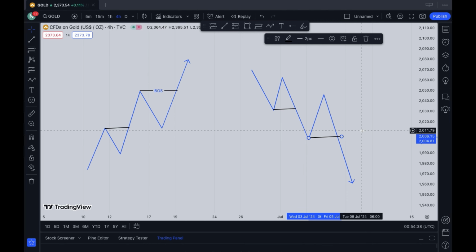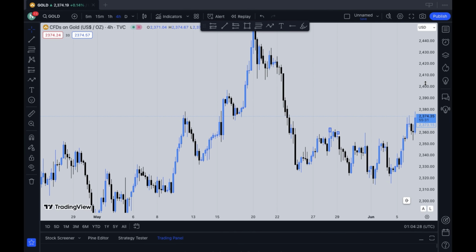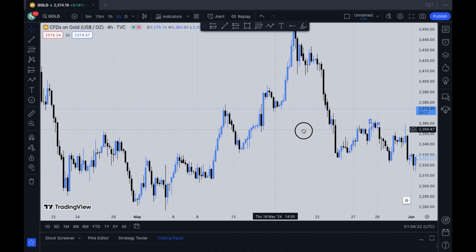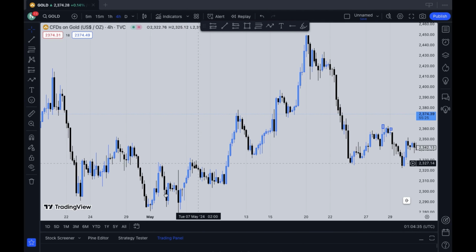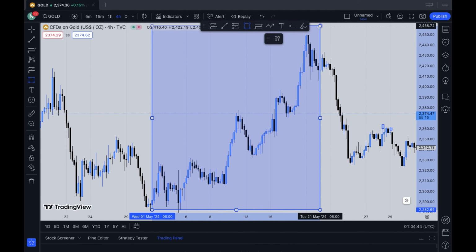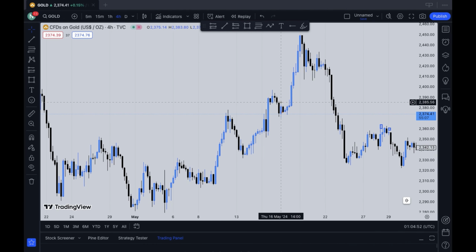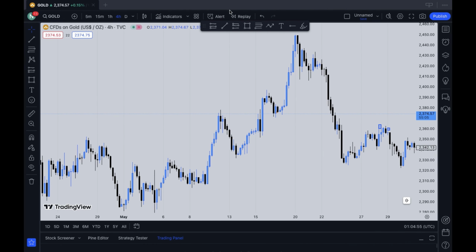Now we are going to look at this on the live chart so that we can see how it actually works or looks like. This is a gold chart, a 4-hour gold chart, and we can easily spot a beautiful uptrend right here. Let me just mark that out real quick so that you can easily see. In this section, we see a clear uptrend on the market. Anytime we see an uptrend, we are expecting breaks of structure to the upside.